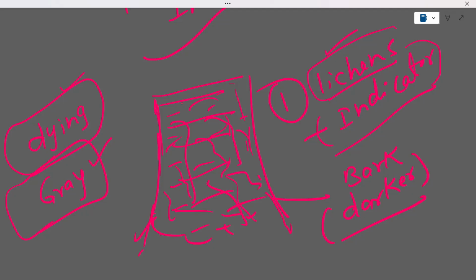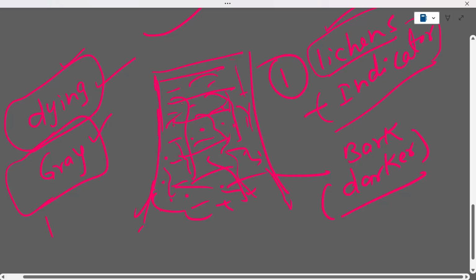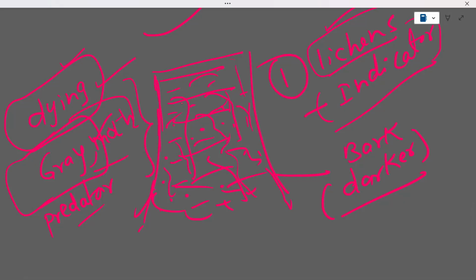In the same sense, when the lichens got blown away, the gray moths started becoming visible when spotted on any bark. So it became easy for the predators to spot the gray moths and eat them.